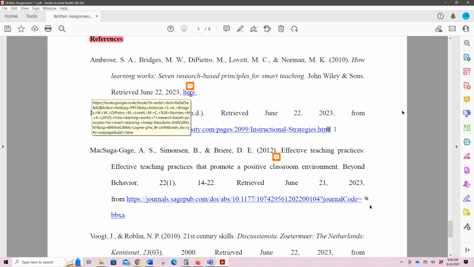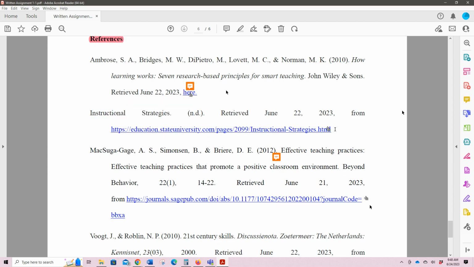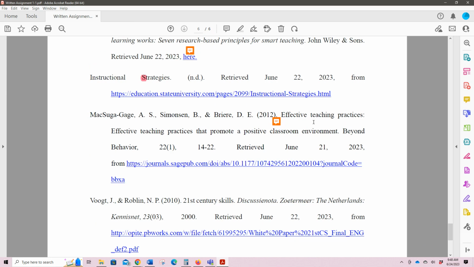It's just we don't do that, even if it's a super long URL. Don't hyperlink words. Okay, and then we only capitalize the first word of a title, so that should not be capitalized. Okay, and then this is a journal, so this needs to be italicized.